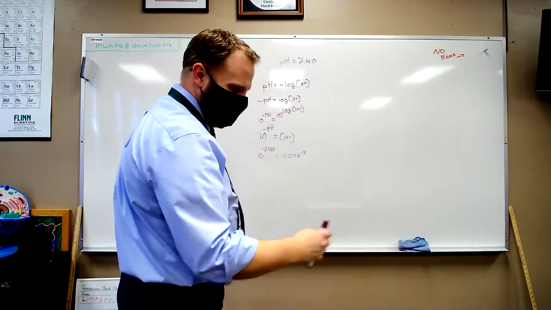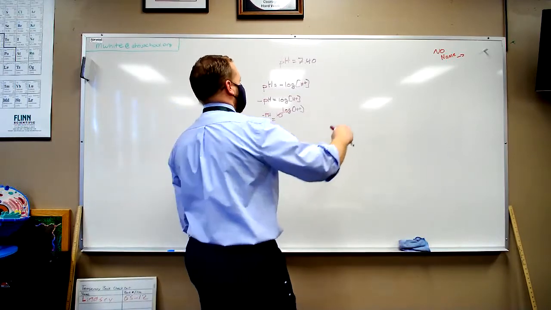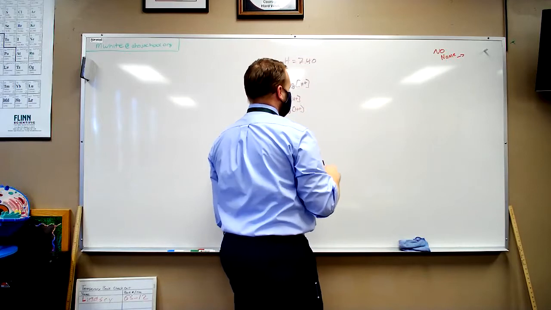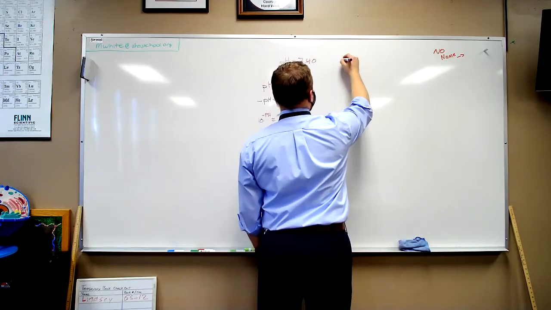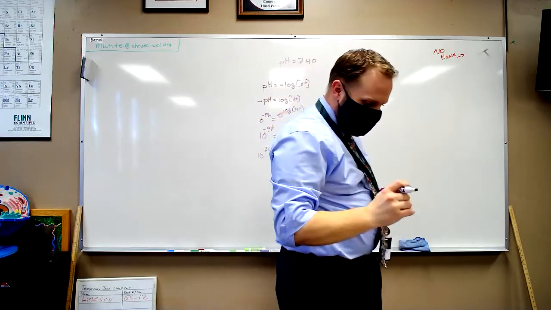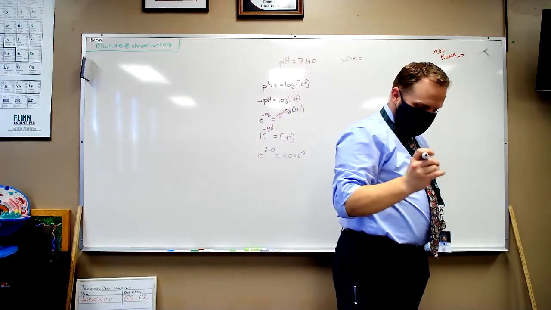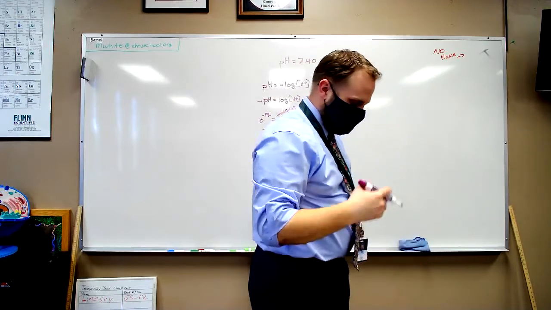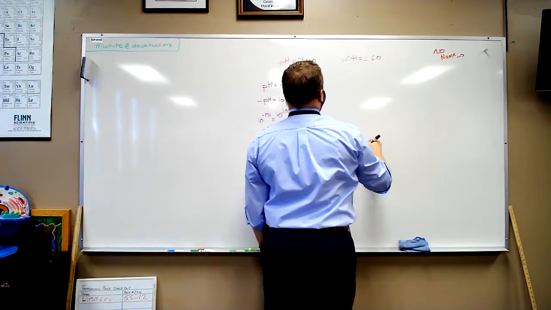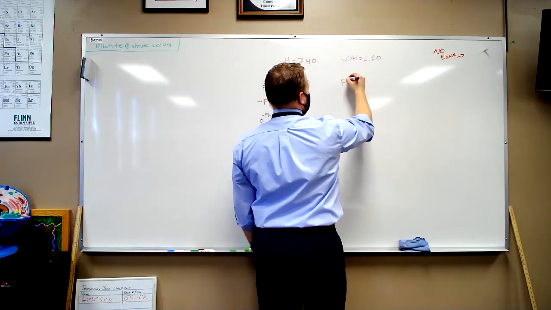Or the way this example problem does it says, okay, the pH is 7.4. That means our pOH has to be 6.6 because they have to add up to 14. And then we just throw that in here.